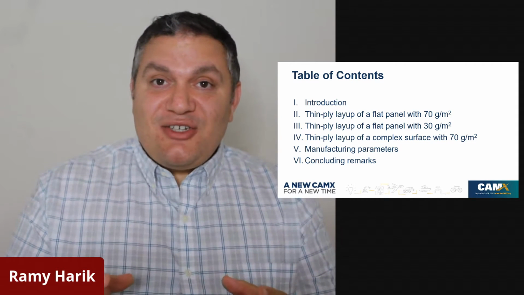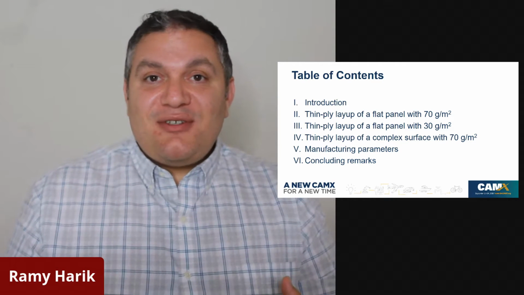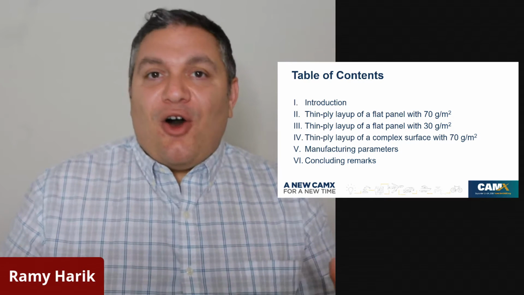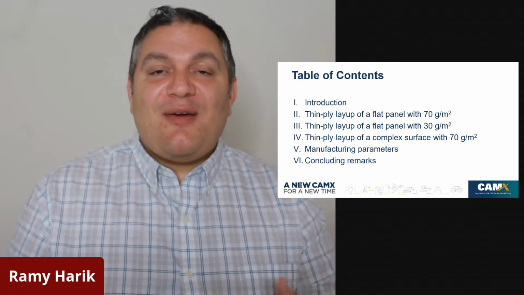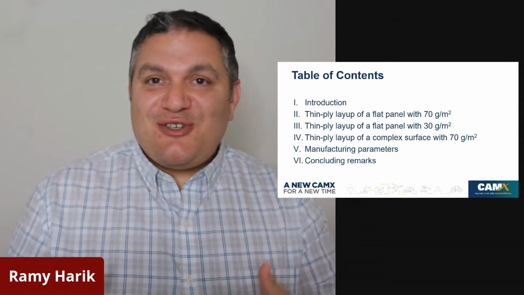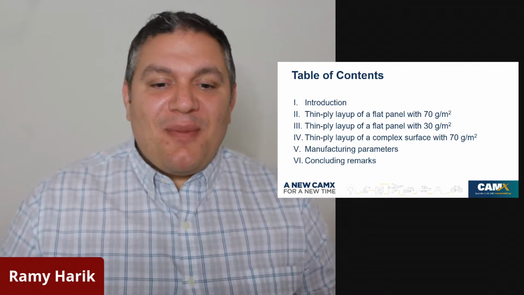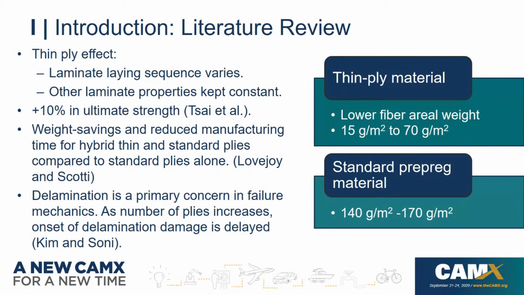The presentation is going to conclude with the manufacturing parameters that our exploration was capable of capturing. Obviously, when we talk about process parameters, we're talking in the world of automated fiber placement about temperatures, pressures, speed, tension, and so on. And then I'm going to wrap up my presentation with some concluding remarks. So let's go ahead and get started.